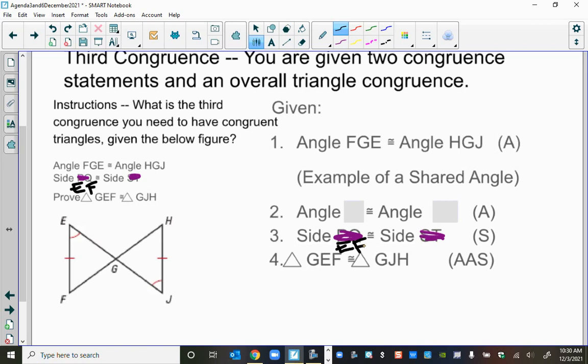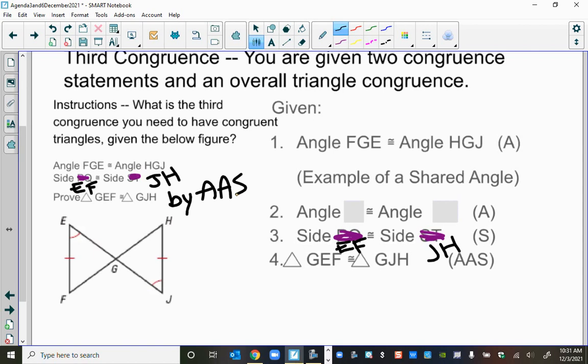And then ST is going to become JH. And I forgot to say what type: AAS. So yeah, this slide was very incomplete. So we have to prove it by AAS.